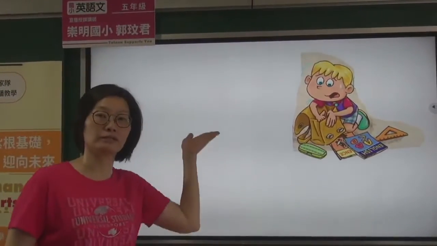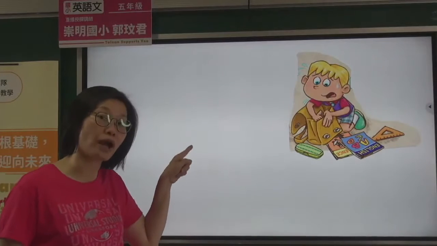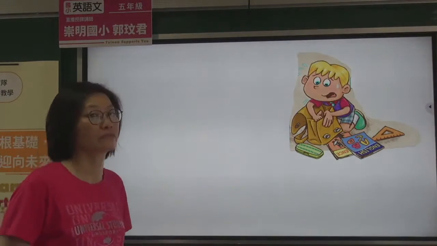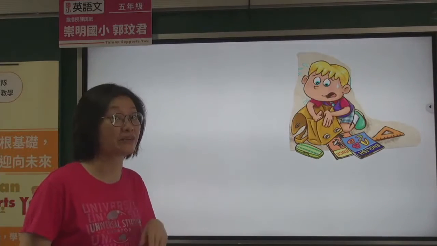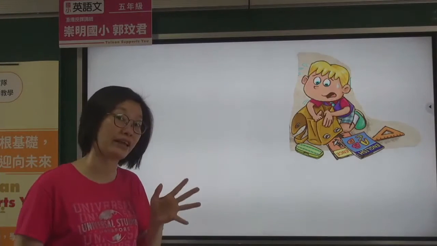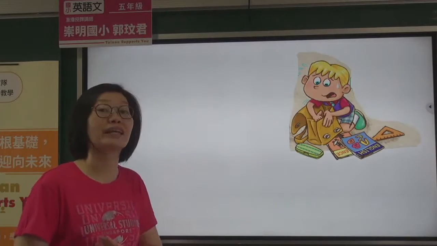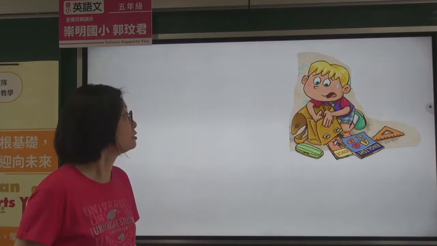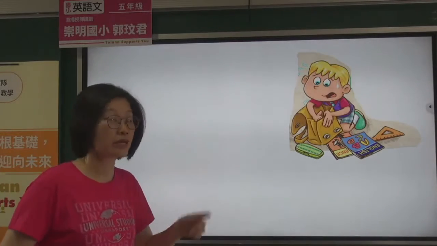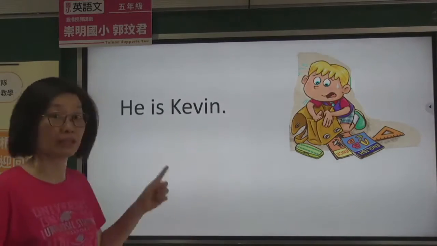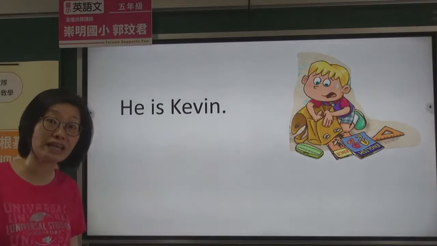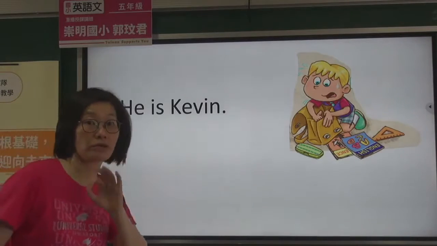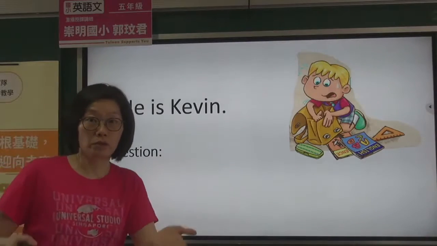So let's try another one. Look at this picture. How do you describe it? Try. Okay, you can say he is a boy, or you can say the boy cannot find something in his backpack, right? Or you can say he is Kevin. Do you agree? Okay, so what is the question?